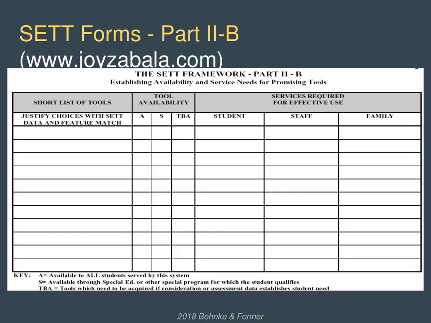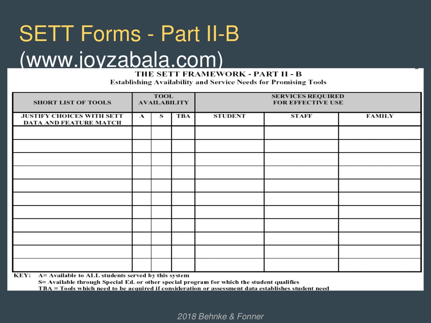This is the form I was talking about, looking at establishing availability and service needs for promising tools. So looking at this set form from joyzabala.com, you're justifying your choices within their set data and their feature match. So is that tool available?